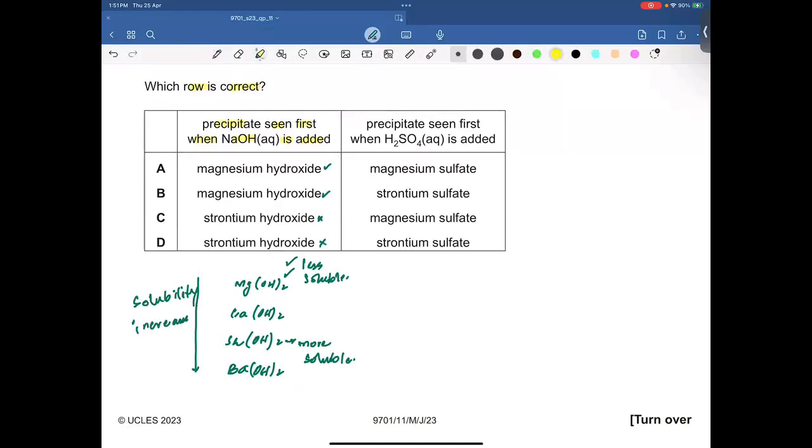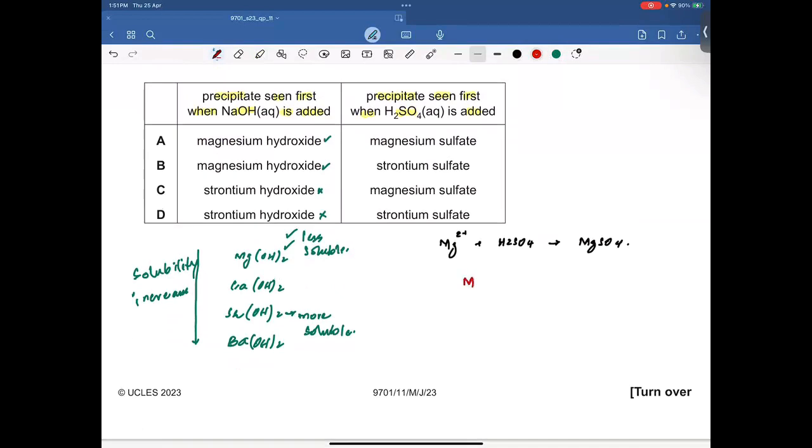Precipitate seen first when H2SO4 is added. So when H2SO4 is added, obviously magnesium sulfate is formed. According to my lecture, we have magnesium sulfate, calcium sulfate, strontium sulfate, and barium sulfate.